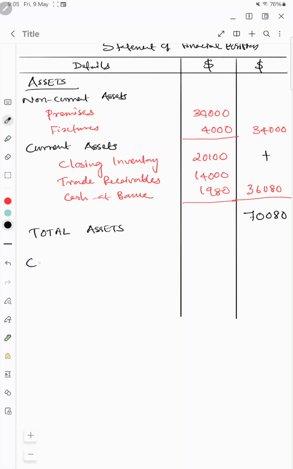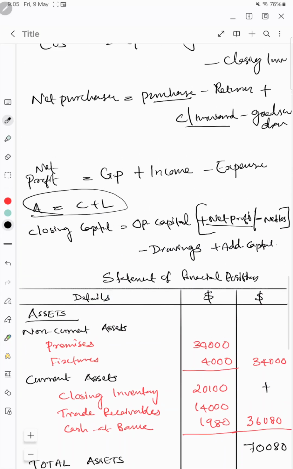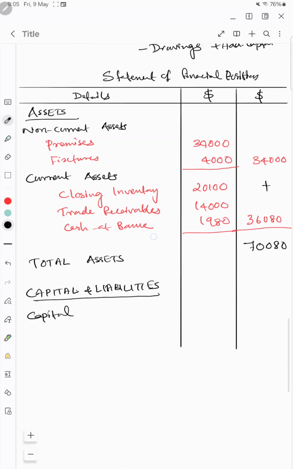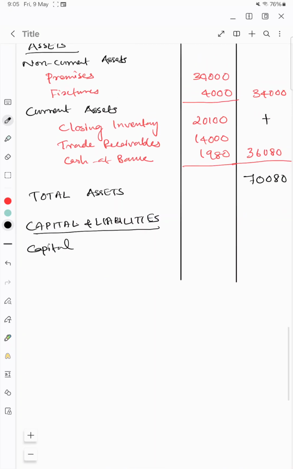Now capital and liabilities, that is the next part. Capital and liabilities is the main heading. Under that we can calculate capital. I gave you one equation here, a closing capital calculation. So you can write here directly opening capital.